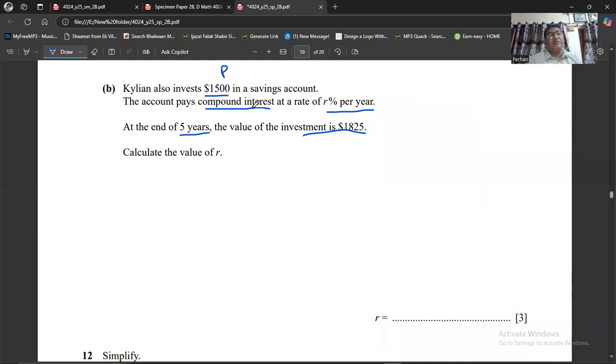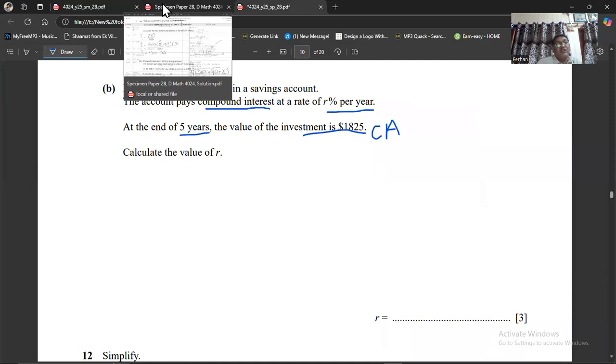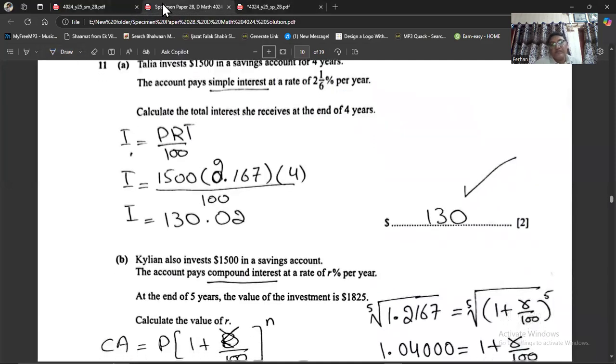We are talking about compound interest. Small r is the rate of interest. Time is 5 years, and the compounded amount is 1825. This is called the compounded amount, the amount at the end which you will get. So we have to find out R. It's a 3 marks question. Let me show you.